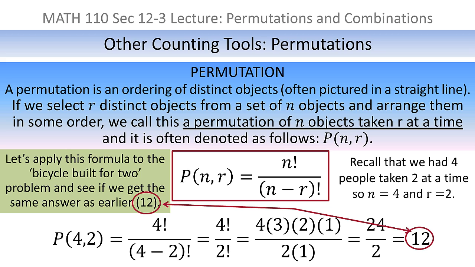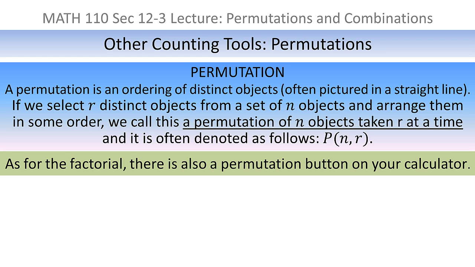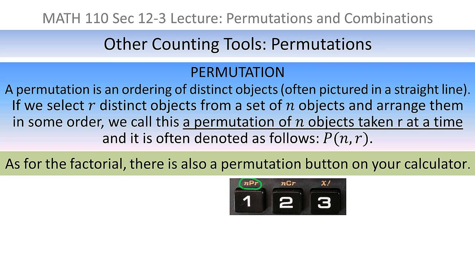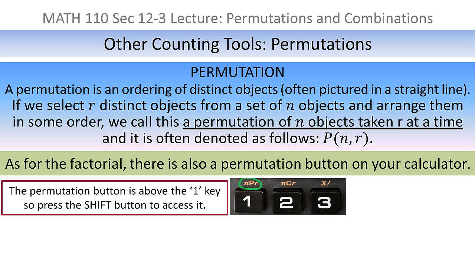So these brute force methods will work for small values of n and r, but when you get to large numbers, you really have to use the permutation formula, for practical reasons, of course. Again, we're in luck. Not only is there a factorial key on our Casio, there's also a permutation key. And if you look on your calculator, it lies right above the number 1. So again, you're going to have to hit the shift key to get to it. But otherwise, it's a very straightforward process.